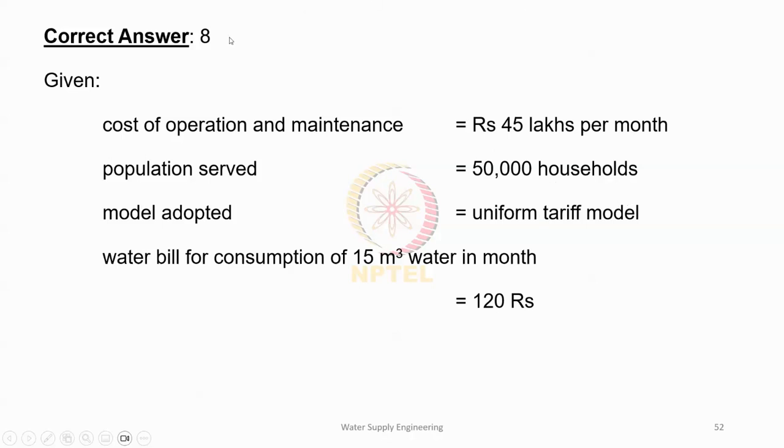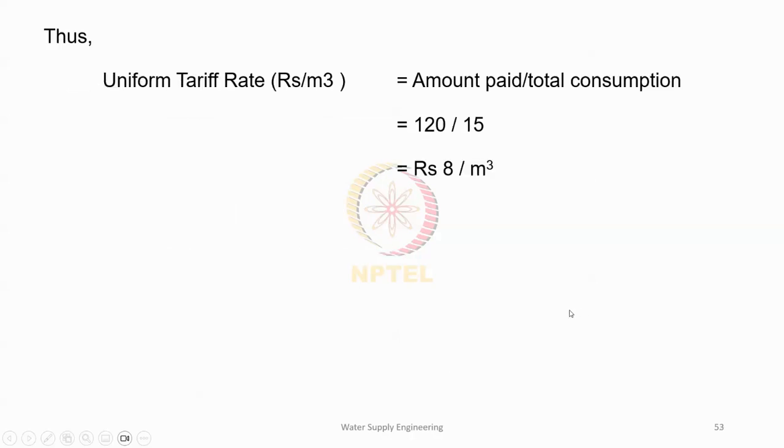Also it is mentioned that for 15 meter cube water consumption in a month, the water bill was 120 rupees. So, the uniform tariff rate is given by the amount paid divided by the total consumption. So, that is 120 by 15.